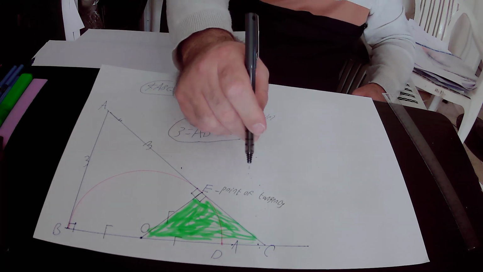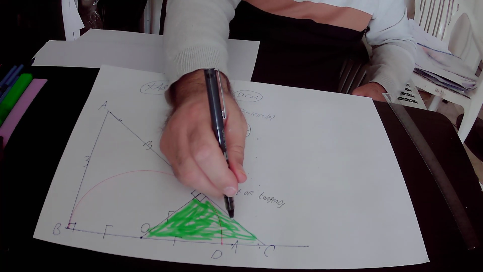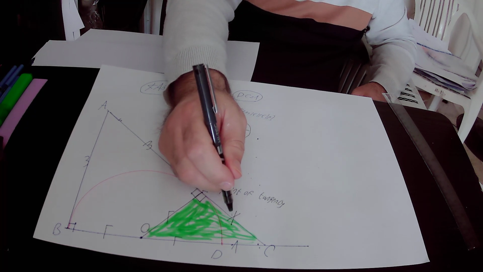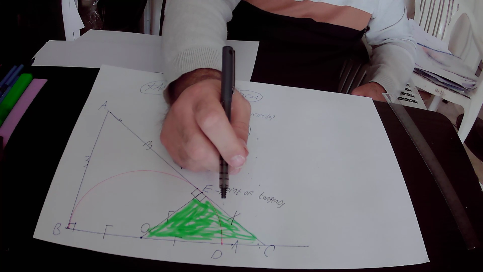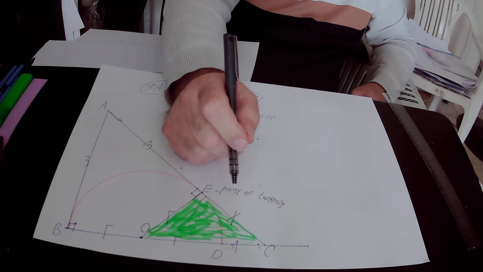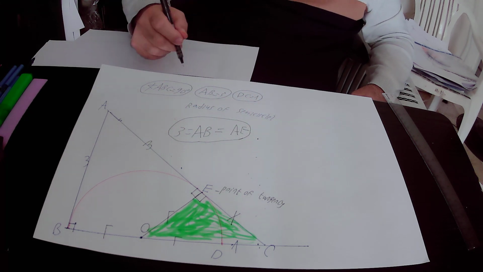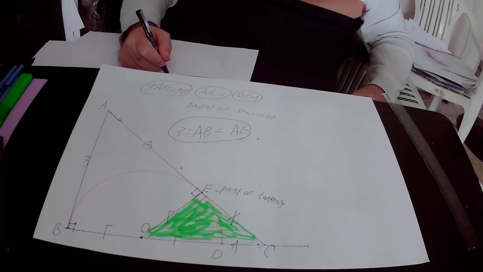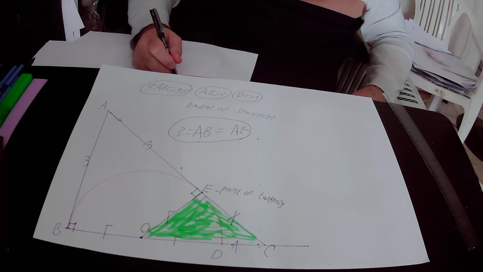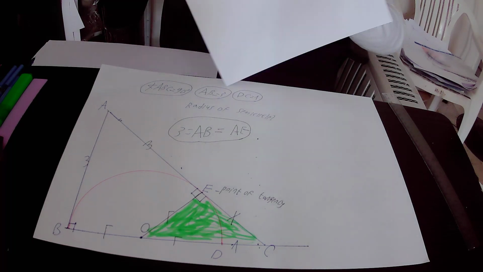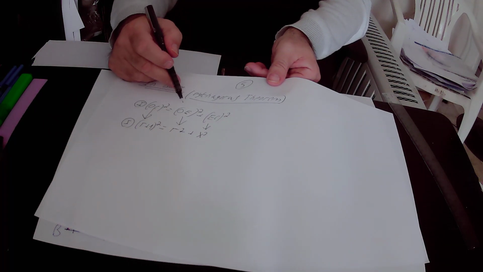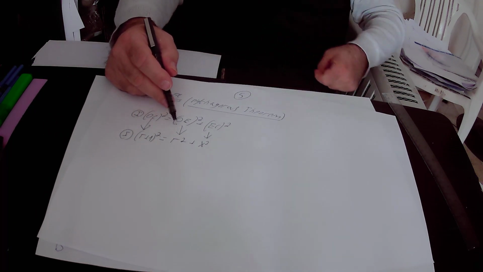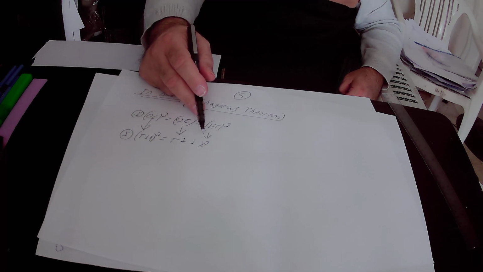And if we define EC as X, that is to say side EC equals X units in its size, then EC square will be equal to X square. So OE square equals R square and EC square equals X square.